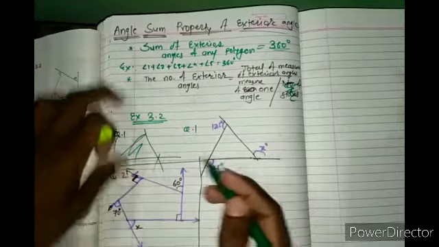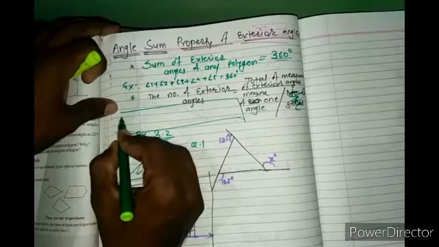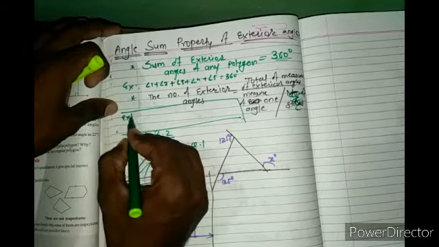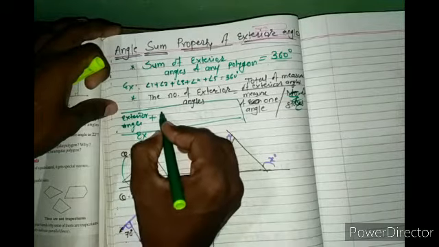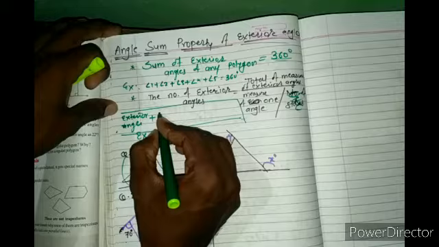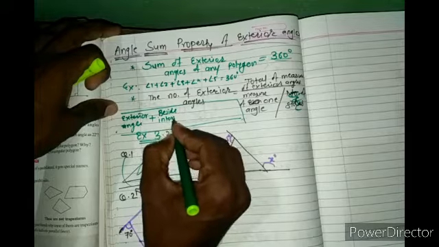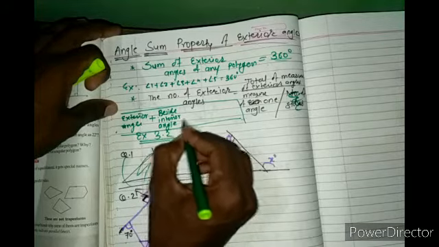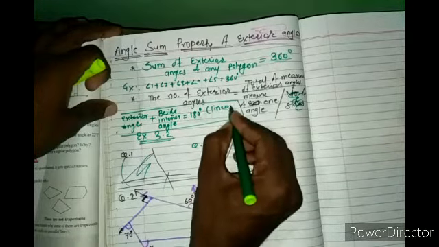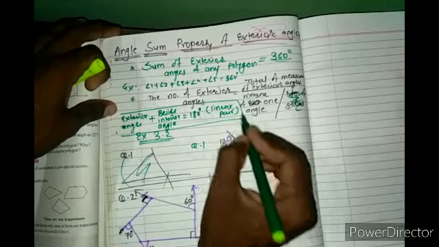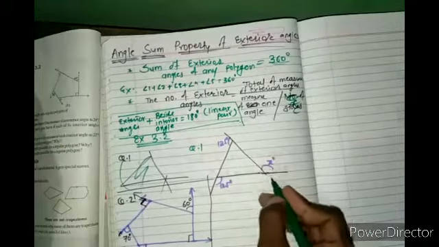The relation between exterior and interior, I'm mentioning in this box: the sum of the exterior angle plus the adjacent interior angle is equal to 180 degrees, and that is known as a linear pair, right?